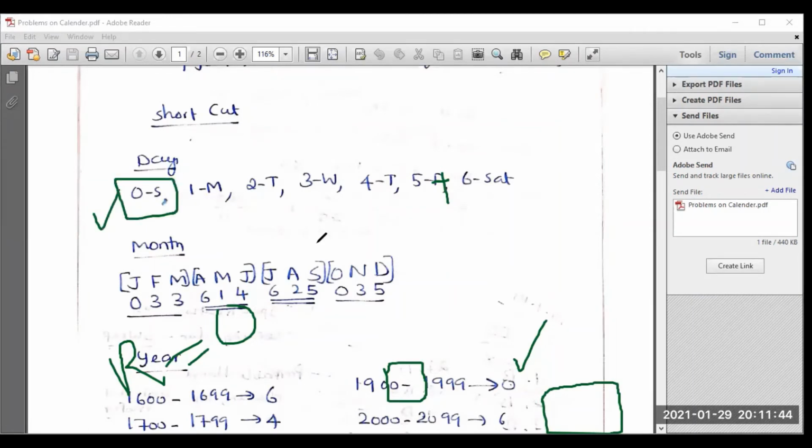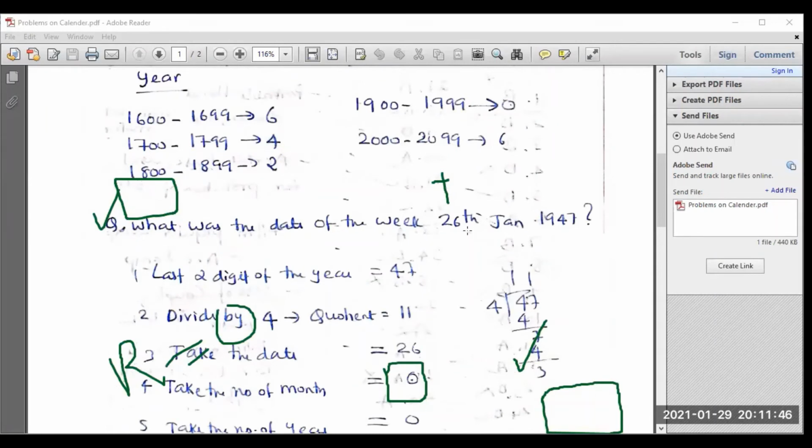That means, what is the answer for this question? 26th January 1947 falls on Sunday. Answer is Sunday. Let us verify. So, let me open calendar in my computer. First of all, I have to select the year. So year should be 1947, right?